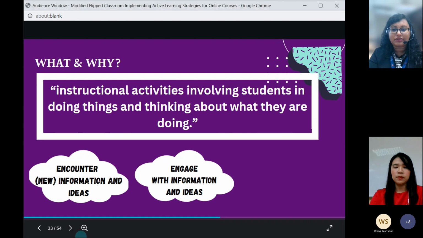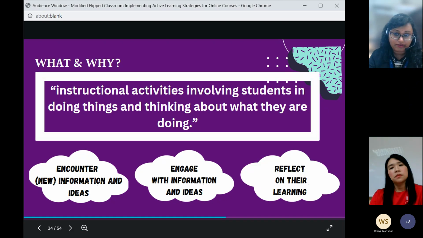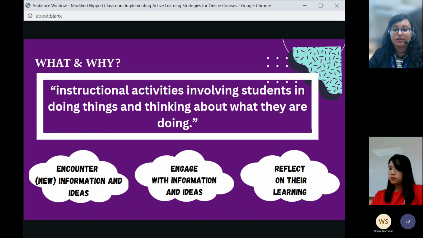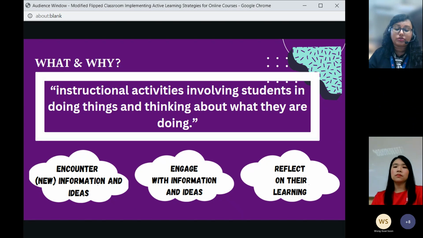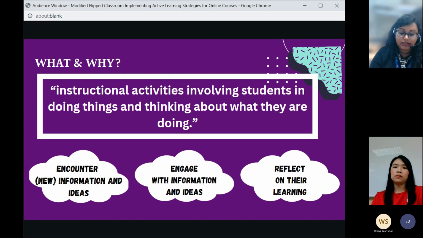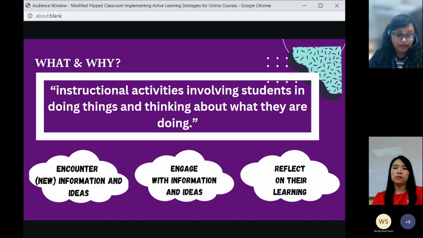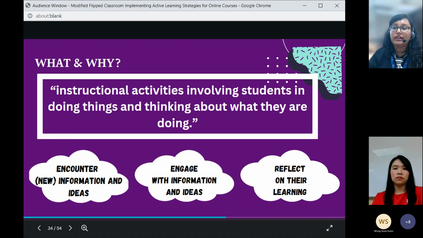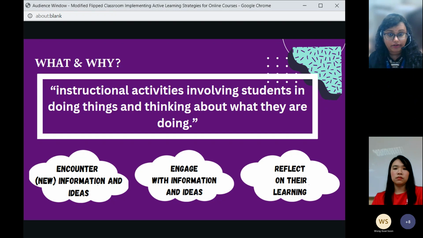The next one, the third one, is reflect on their learning. Okay, why is active learning strategy important? Because it helps them to reflect. So not just studying, not just doing, but they are also reflecting on what they have learned, whether they understood or not, whether they got the idea or not.